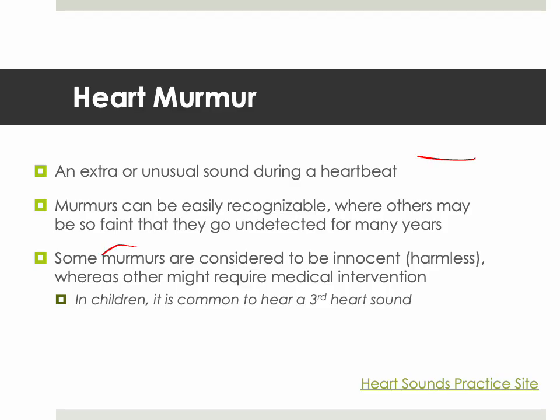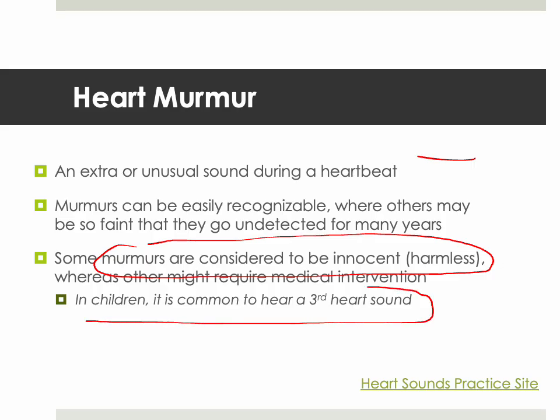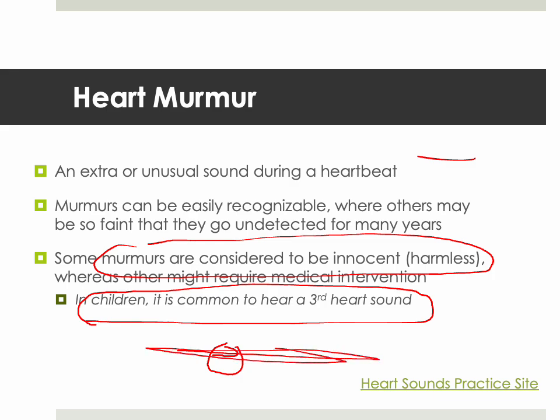Sometimes they're innocent, sometimes they're not. It all depends on what is causing that third heart sound. In children it's very common. 25% of humans walk around with the fossa ovalis partially open, and the flow of blood causes that. Sometimes that can be dangerous because it can cause a clot, but some people don't feel anything. If it's not bothering you, it's fine.